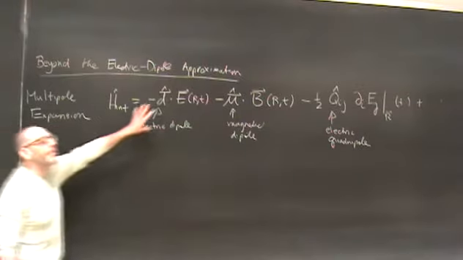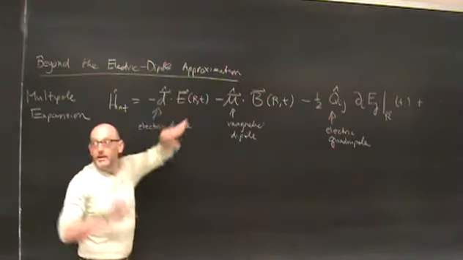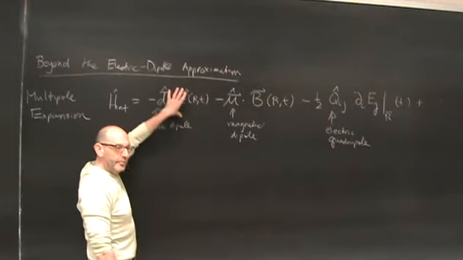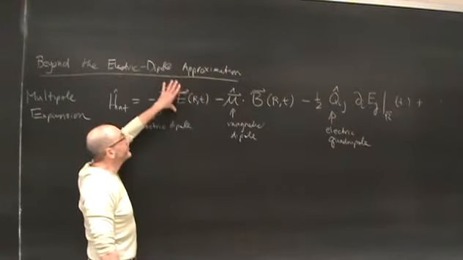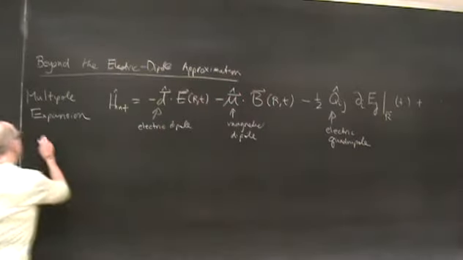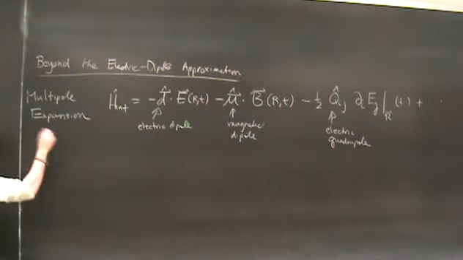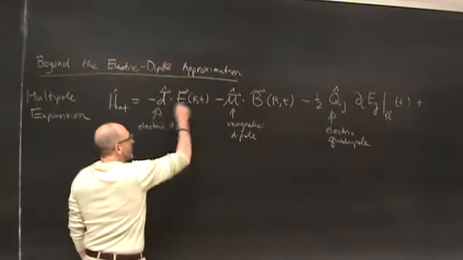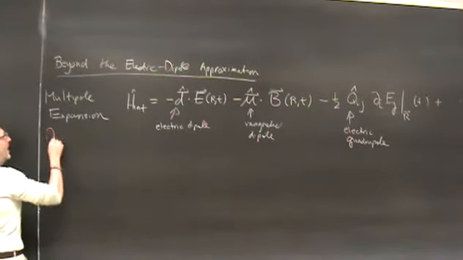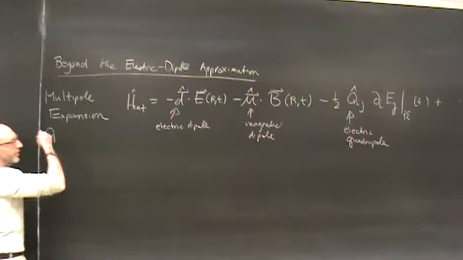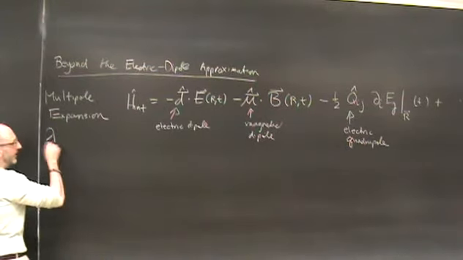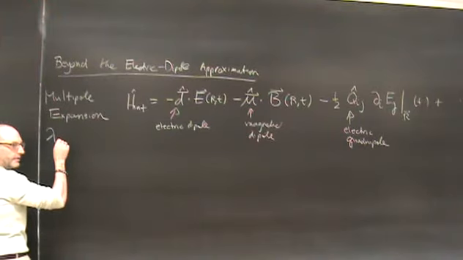We just took this first term in our study of absorption, because this is the dominant effect. This multipole expansion is valid, and this term dominates, when the wavelength, or whatever the scale over which the field is changing in space, is large.